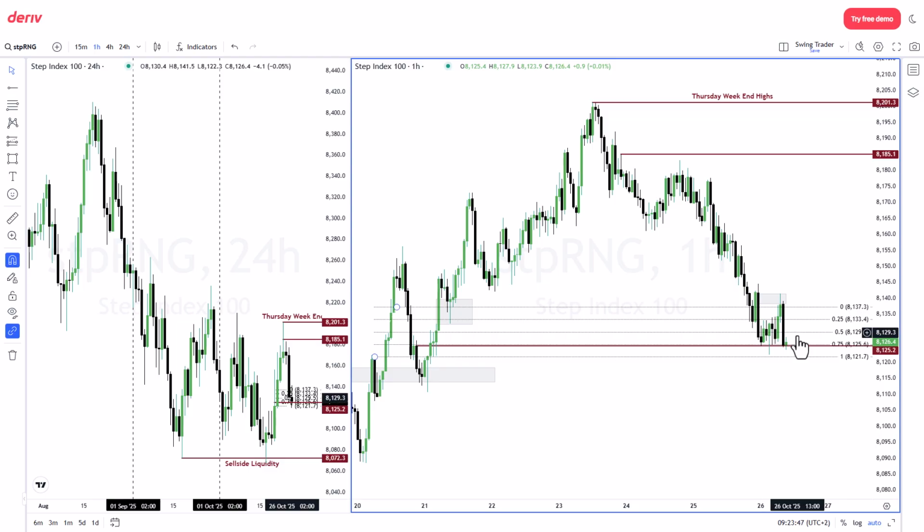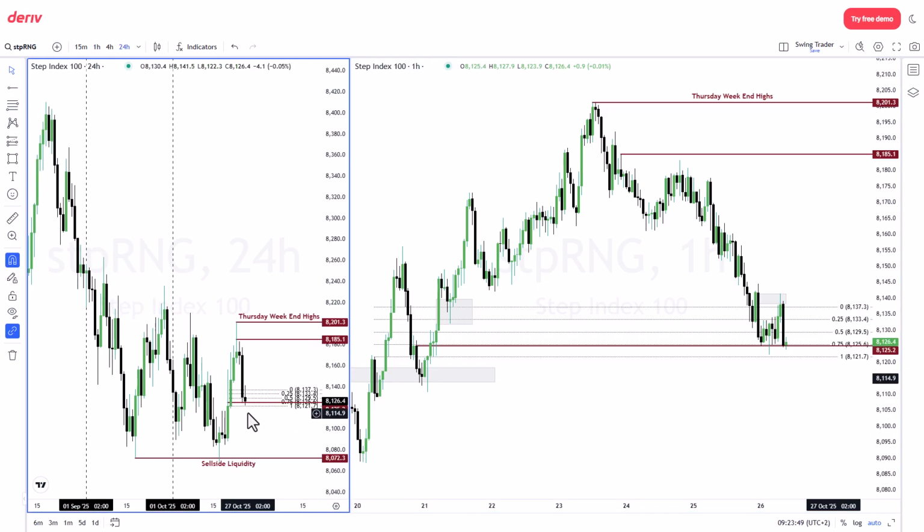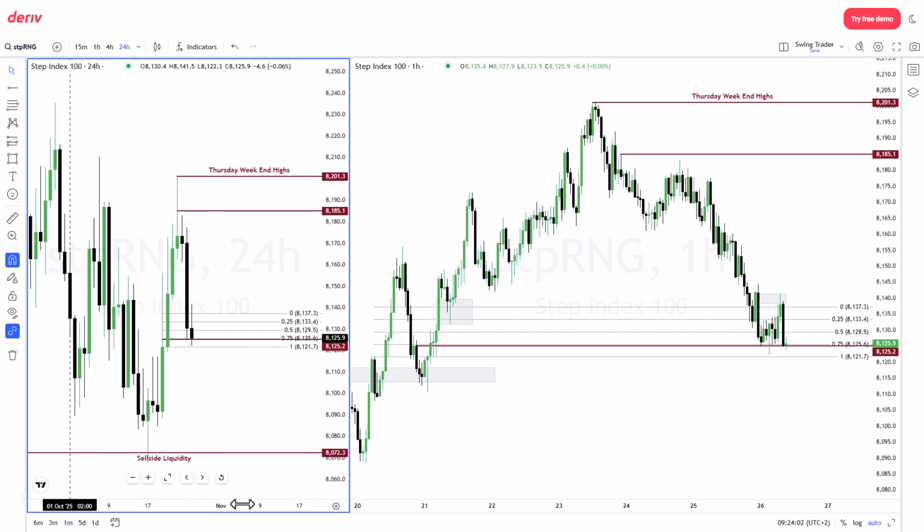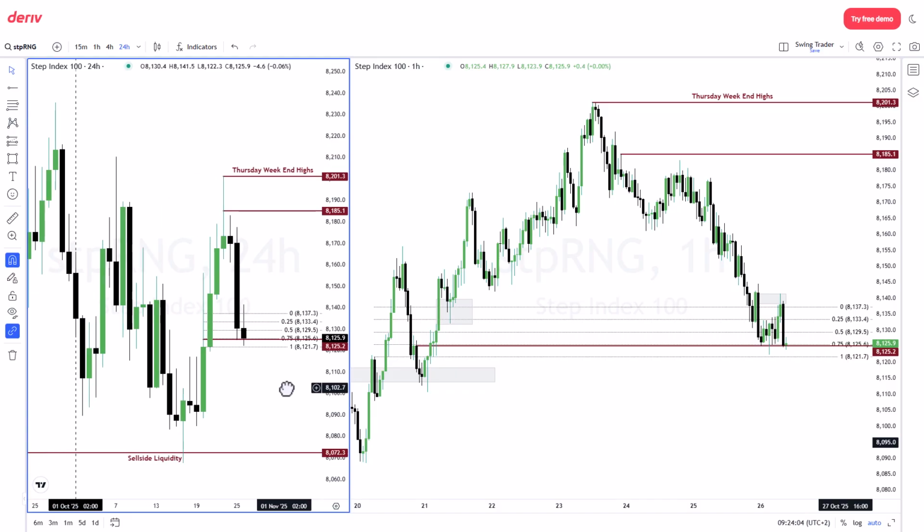Okay, so we are continuing the movement from the previous week. We had a little bit of a retracement on a Friday and Saturday. Let me zoom in a little bit so that you can see what I'm talking about. We had the Thursday's weekend highs.